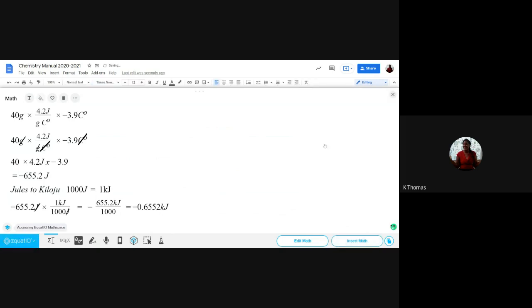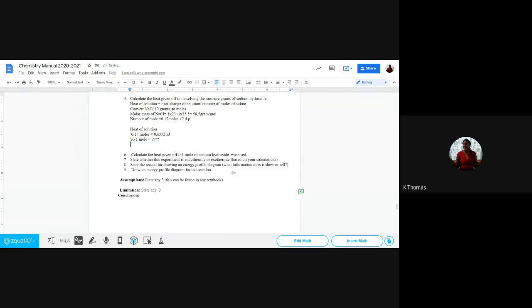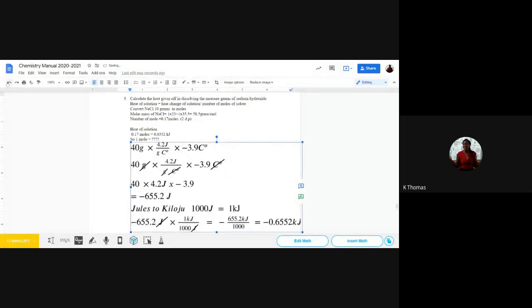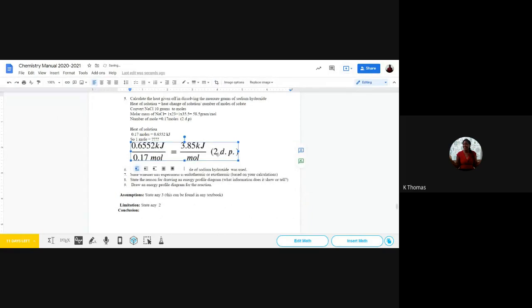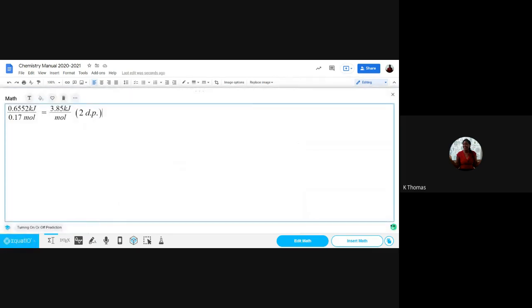Oops. I don't want to insert the math in. I'm trying to delete something. Let me just press undo. Right, so this math, I want to edit it. I might have to write it over because it's telling me that I have a positive heat of solution, which is wrong. If you're supposed to have negative and you write positive, you're going to get your answer wrong.